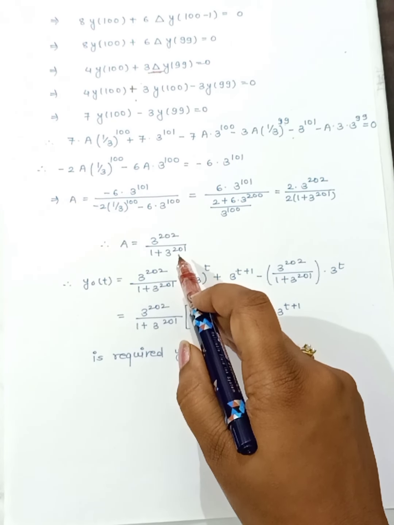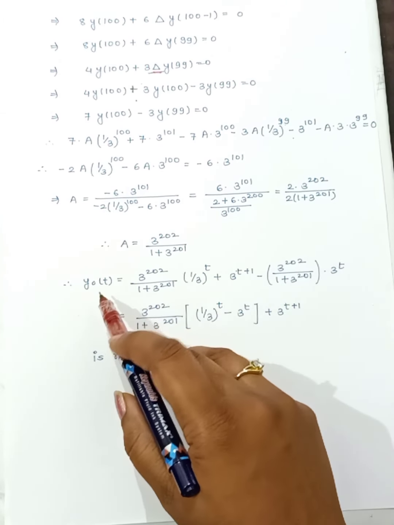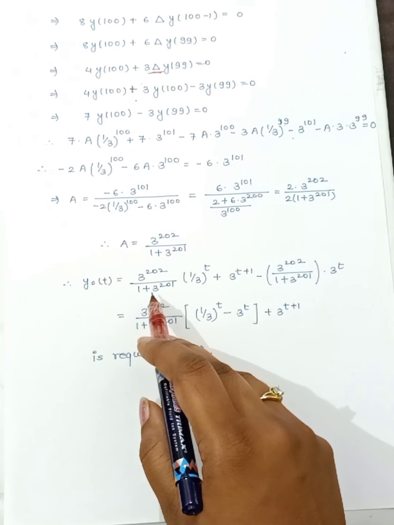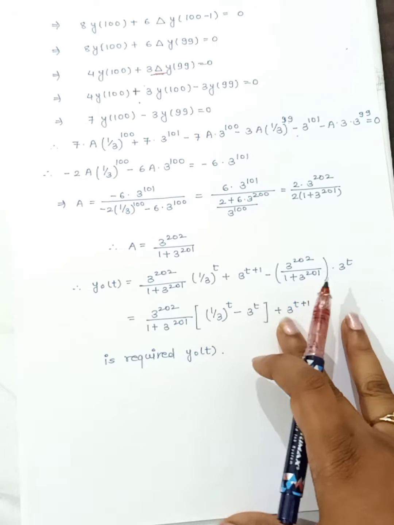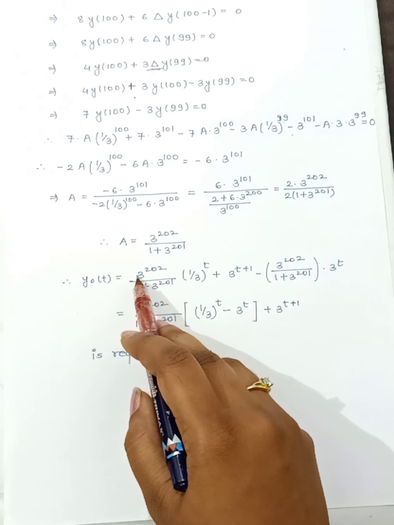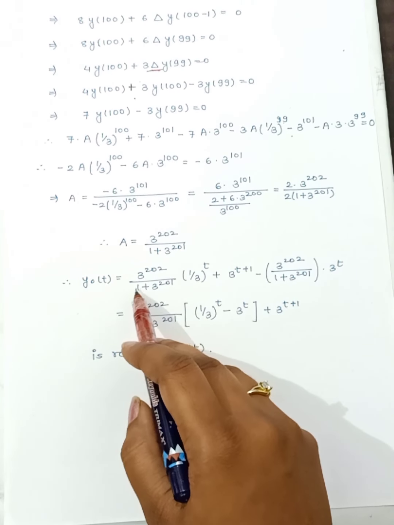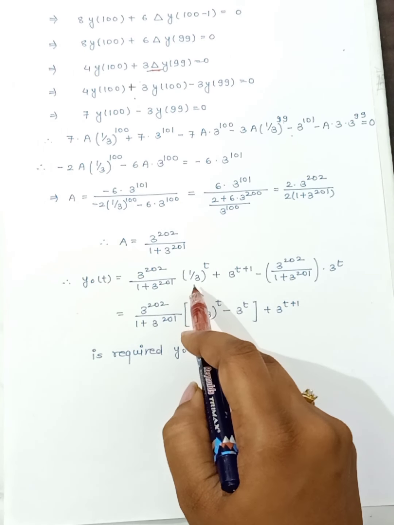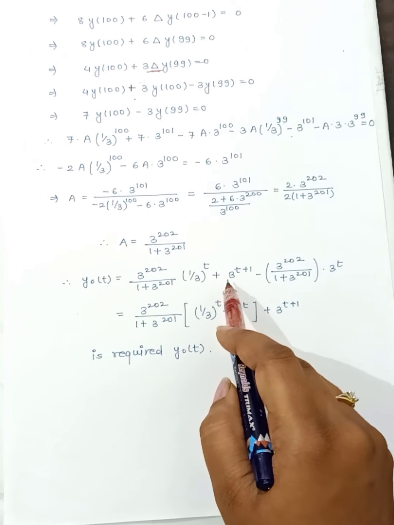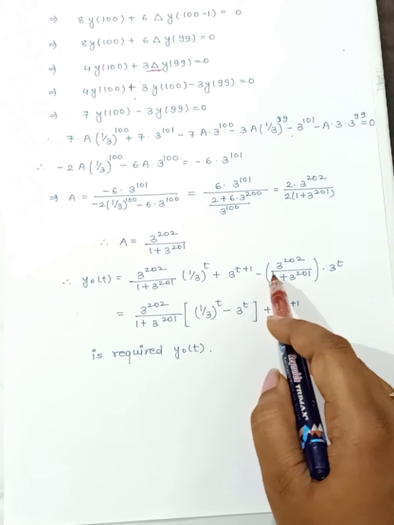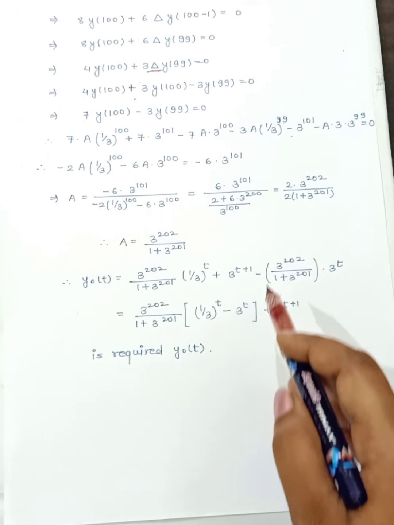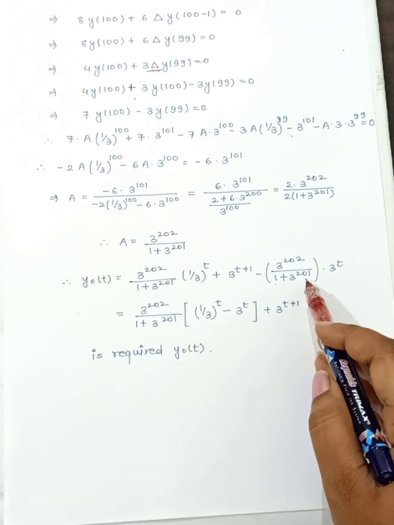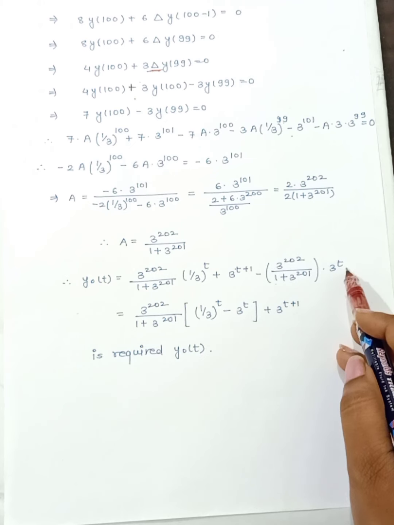And therefore the y0 of t will be, this is the a and this will be b. So 3 to the power 202 upon 1 plus 3 to the power 201 into 1 by 3 to the power t plus value of b, minus 3 to the power 202 upon 1 plus 3 to the power 201 into 3 to the power t.